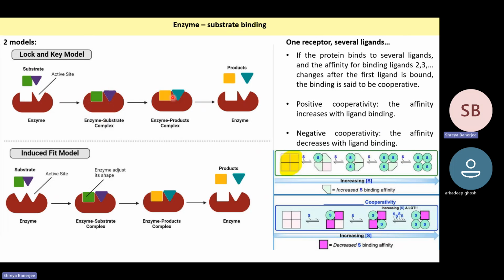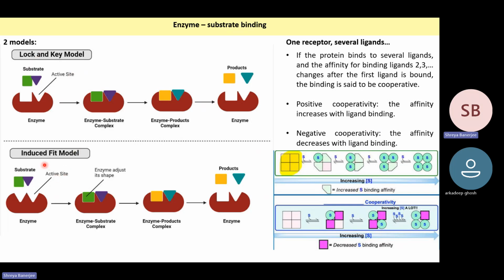This will be converted into the enzyme product, and the product will be released. This is the lock and key model, because the key will open only that particular lock. So there are particular substrates which will fit into the particular binding pocket. That is the lock and key model.